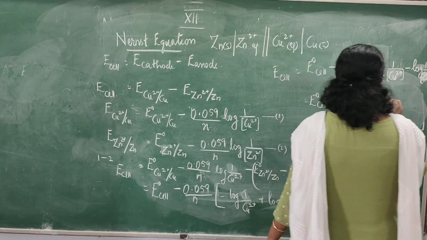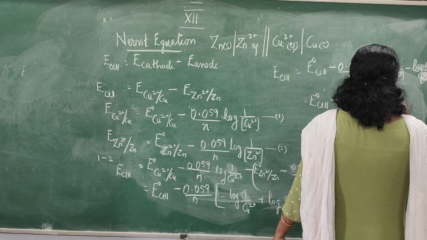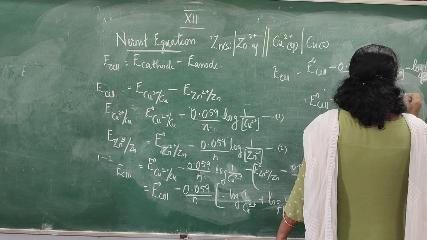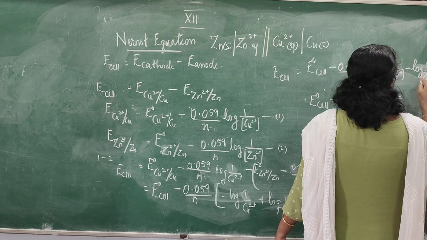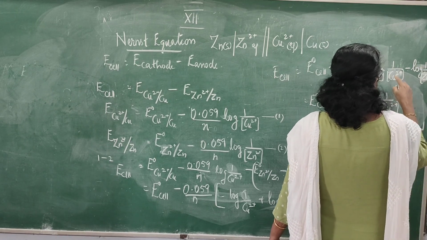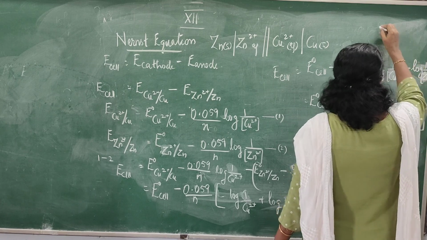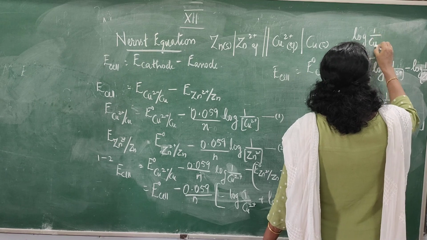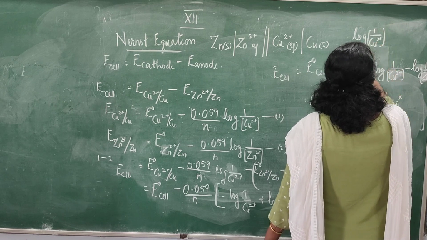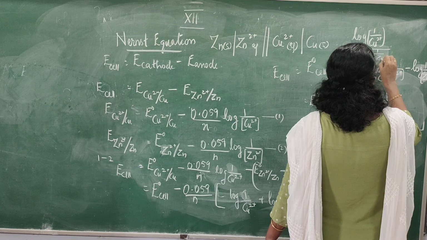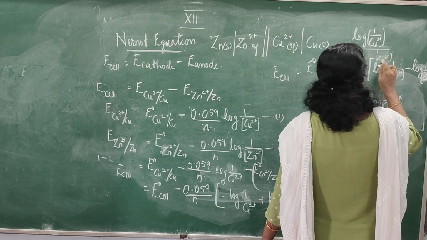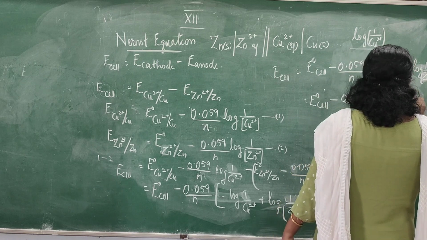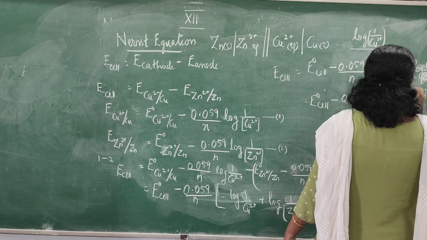That is equal to log of 1 by Cu2+ by 1 by Zn2+, isn't it? So it will go reciprocal, you will have to multiply, so Zn2+ will go up.